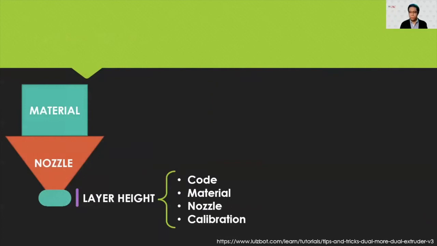In terms of hardware, things like the material composition, the diameter of the filament, the nozzle size, and the calibration of the printer bed will have a great impact on the layer height and consequently on the quality of the print and the adhesion of the first layers. As we will see, the layer height will play an important role in the strength of our print, how much material we use, and how long the print will take.